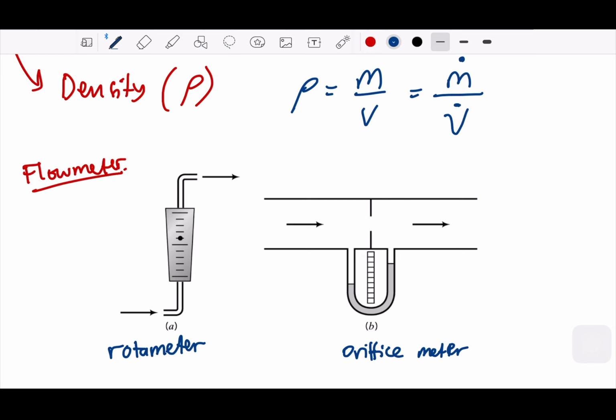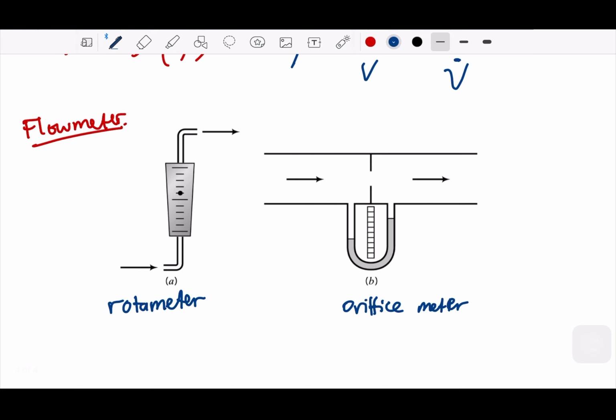So the first one, I think, is intuitively understandable. You can see the point, it can be changed, but it depends on the flow rate. And for the second one, you see the difference in the pressure or difference in the height. It's similar to what we call a manometer. Later we will learn about the pressure, but it's similar. Okay, similar.